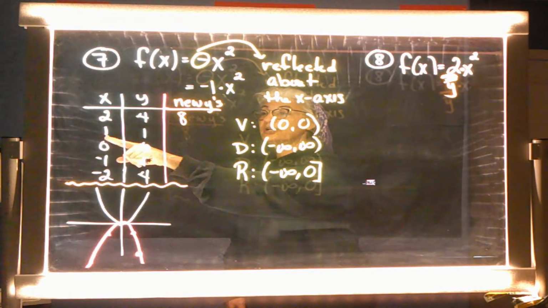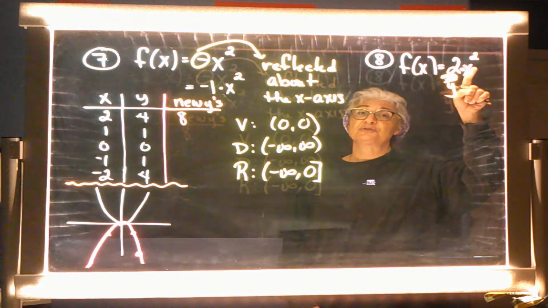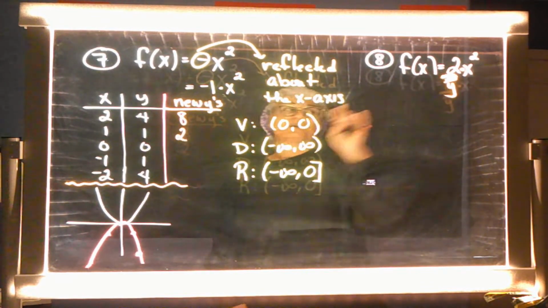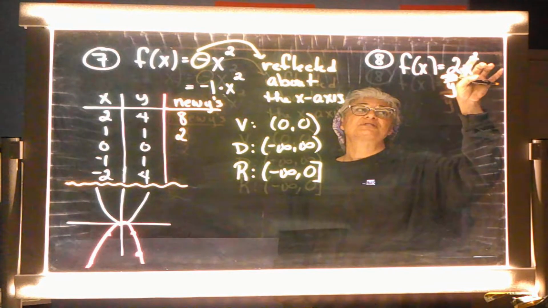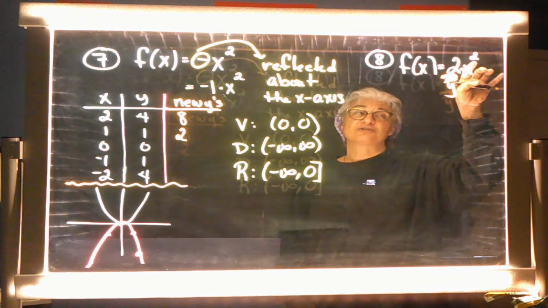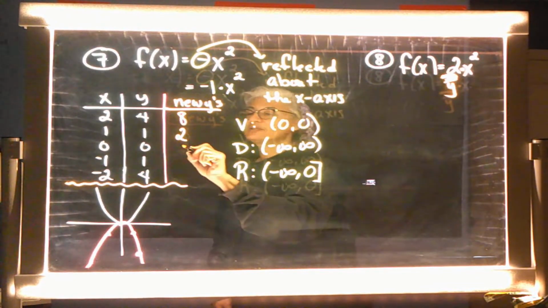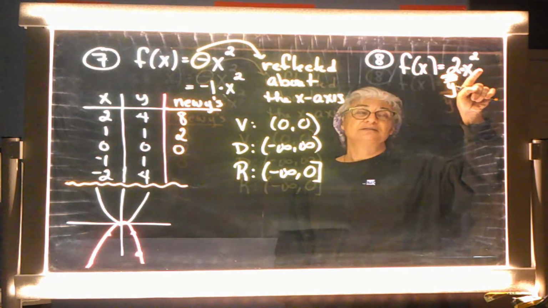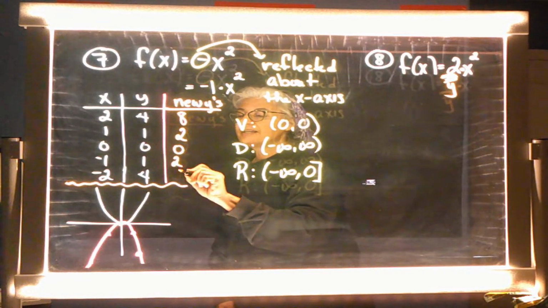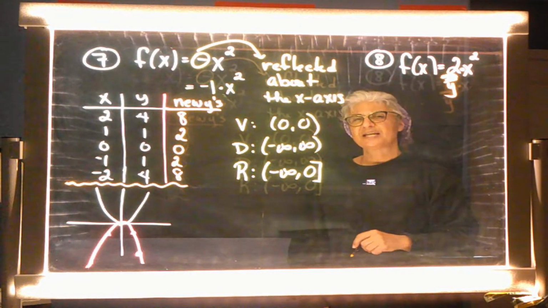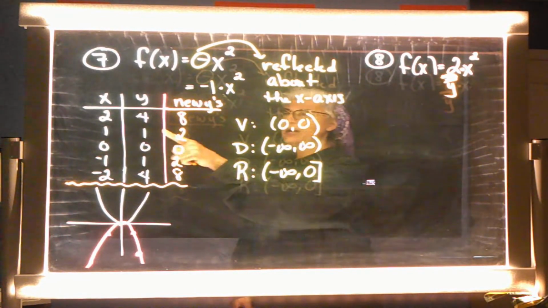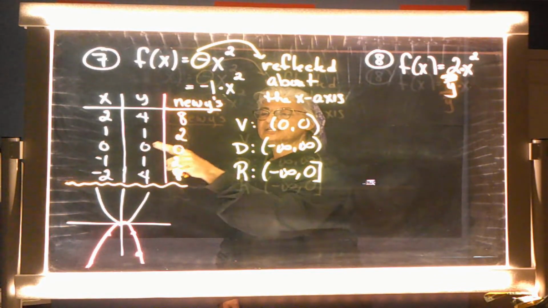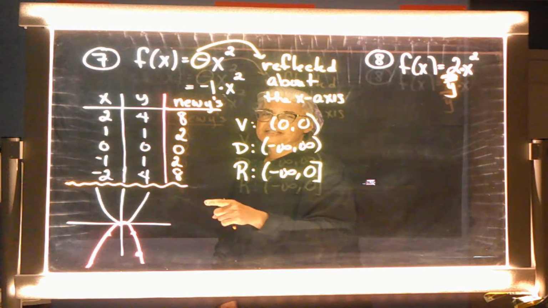Plug in, take the 1, plug it in, you square it first and you get 1, and then you get to multiply by 2. Plug in 0, yep, square it first, gives you 0 times 2, still 0. Negative 1 squared, 1 times the 2, and I think you're getting the hang of it. Now, question. What happened to all my original y values? Yeah, they got multiplied by 2, didn't they?